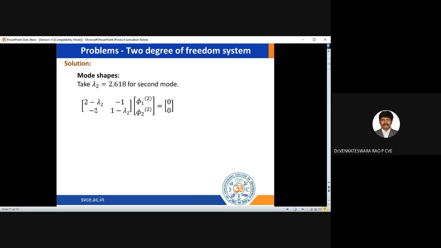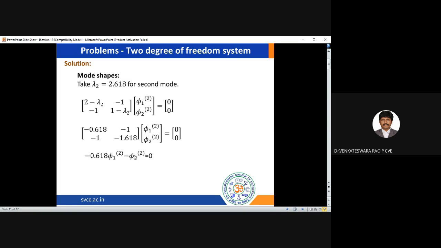So now we have 2 minus lambda, instead of lambda 1 I'm putting lambda 2, minus 1, 1 minus lambda 2. As such, phi 1,2 and phi 2,2 now have notation 2. So this is the second mode, equal to 0, 0. Now I substitute lambda 2 here and multiply: the first row gives minus 0.618 into phi 1,2, minus 1 into phi 2,2 is equal to 0.